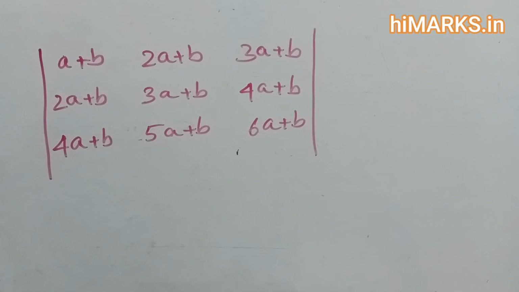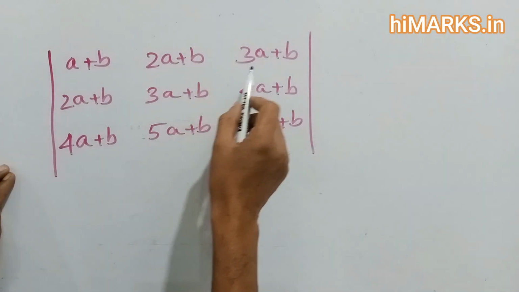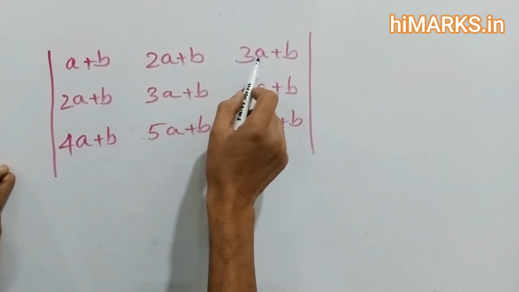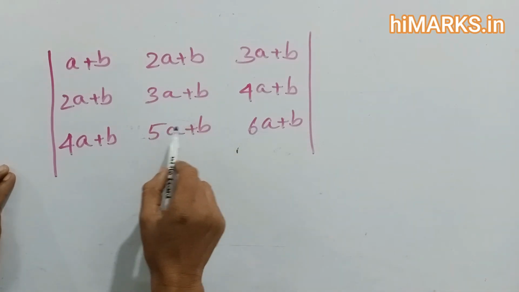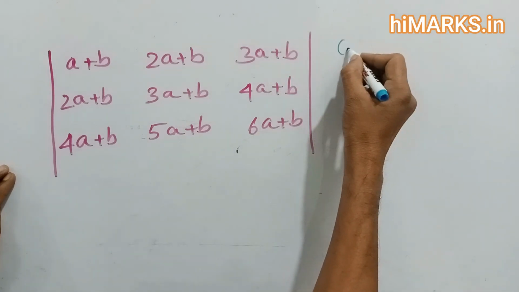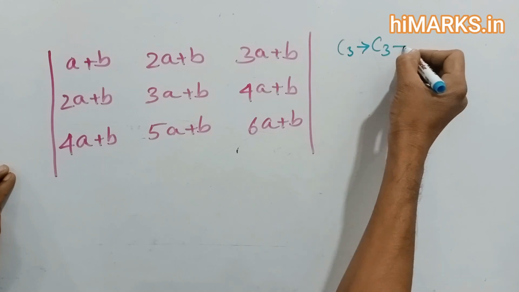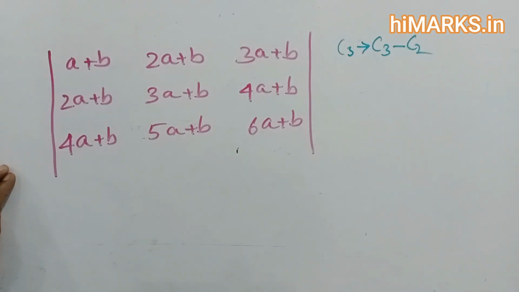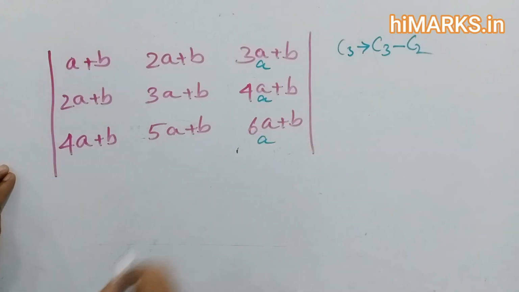This is a determinant. We have to prove that the value of the determinant is 0. If you observe very carefully, this minus this will give a, this minus this will give a, this minus this will give a. That means new column C3 will be C3 minus C2. This is one operation, so you will get a and a.